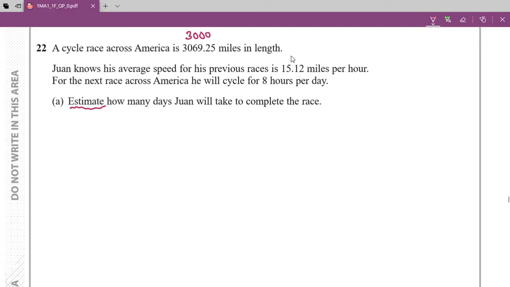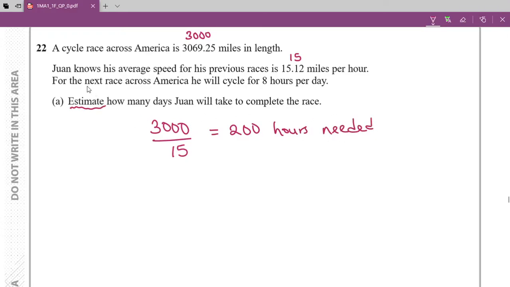That's going to be 15, I'm rounding down. So to find the number of hours needed, I'm going to do 3,000 divided by 15, and that's going to give me 200 hours needed, because 300 divided by 15 would be 20, so 3,000 divided by 15 is 200 hours.